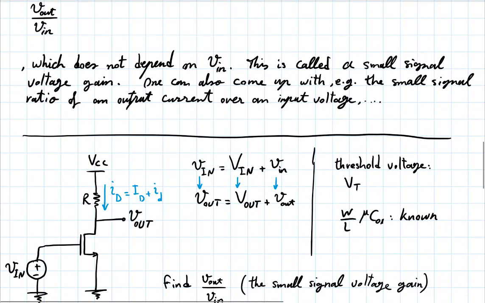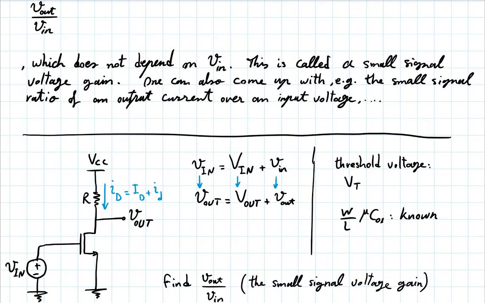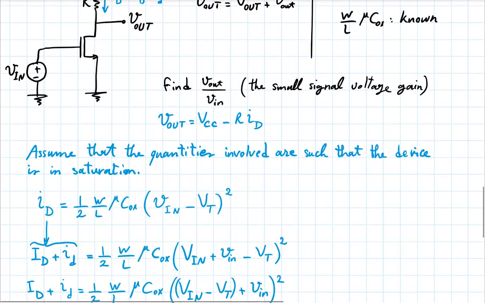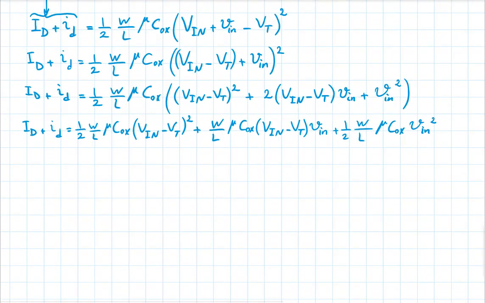ID, the big I, big D, comes from big V, big N. If I put big V in, the bias part of the input voltage, in the transistor equation, I get the bias part of the output.